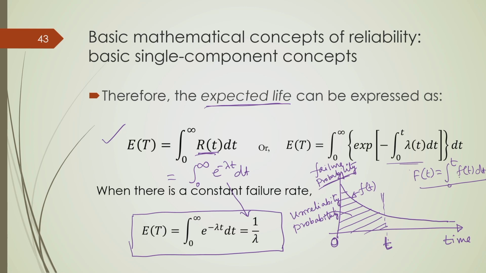And we also know that the reliability function R(t) is equal to the integration from t to infinity of f(t) dt. This is also known to us. That means this integration of f(t) from t to infinity is the area under this particular curve, starting from t to infinity.